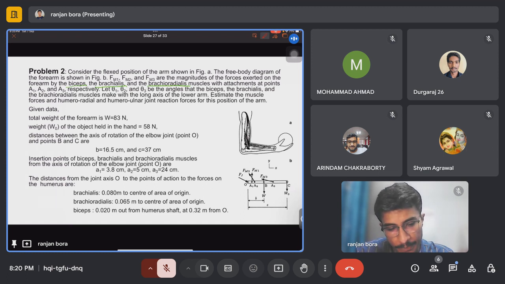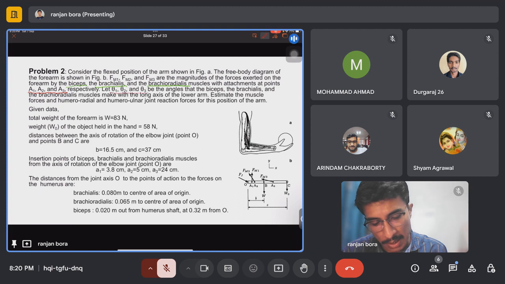It is given that three muscles with attachment points at A1, A2, A3, and theta 1, theta 2, theta 3 be the angles that the biceps, brachialis and brachioradialis muscles make with the long axis of the lower arm. Now we need to estimate the muscle forces and humeroradial and humeroulnar joint reaction forces for this position of the arm.